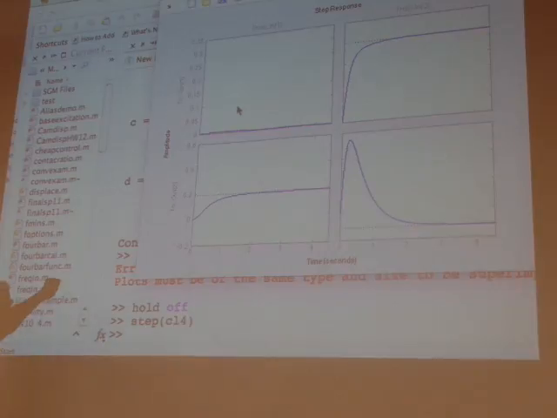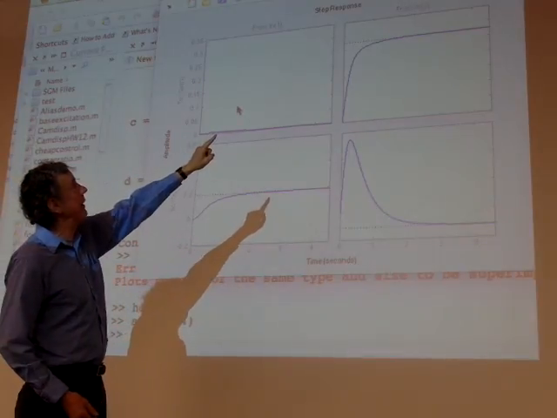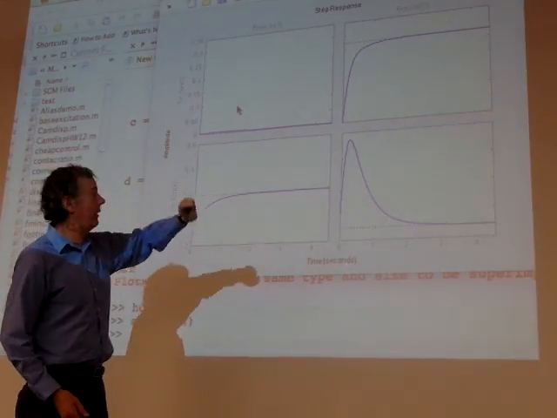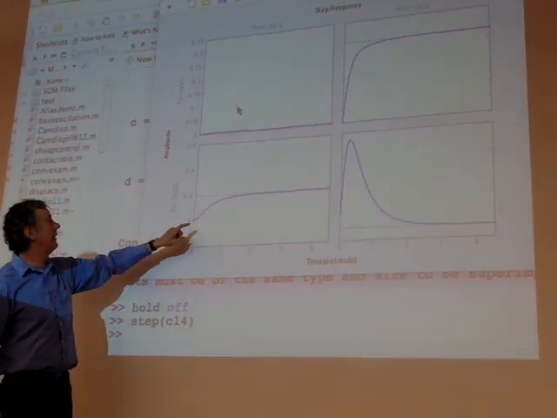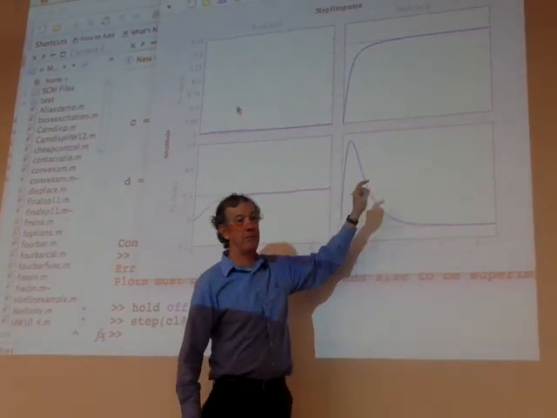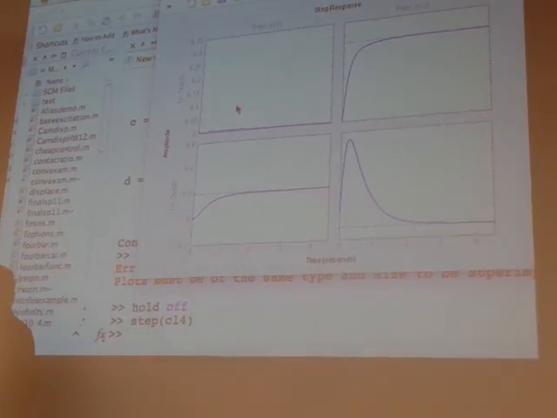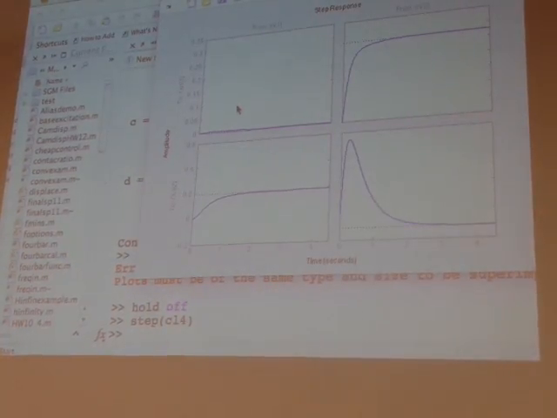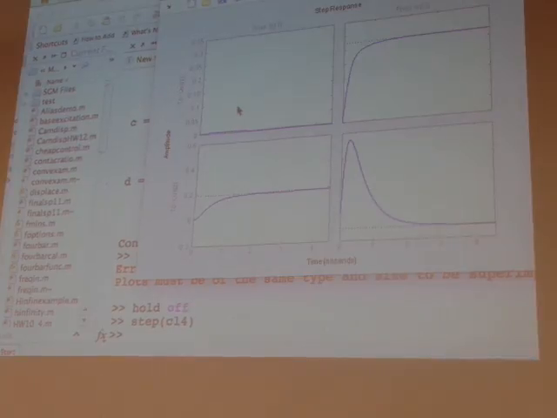They're labeled there: input 1 to output 1, input 2 to output 1, input 1 to output 2, and input 2 to output 2. So you just have 2 inputs, 2 outputs, 4 plots.